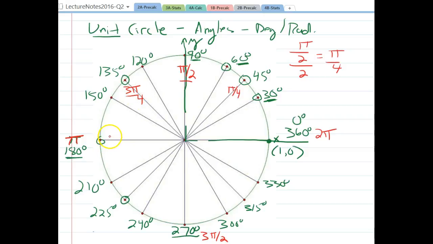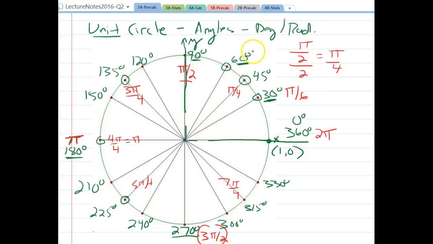This is 4 pi over 4, which is obviously just pi. This one right here is 5 pi over 4. This is 6 pi over 4. And over here, 7 pi over 4 goes with 315. This over here is pi over 6, 30 degrees.